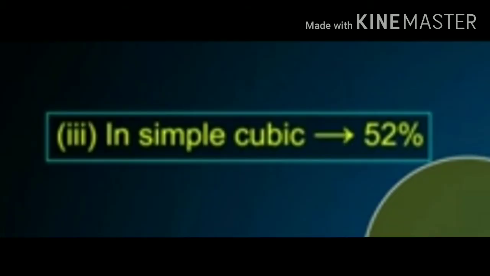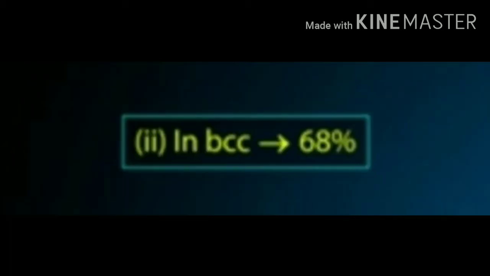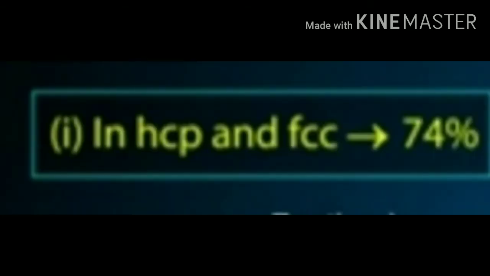So, we can conclude that in simple cubic lattice, the packing efficiency is 52%, in BCC, the packing efficiency is 68%, and in HCP or CCP or FCC lattice, the packing efficiency is 74%.